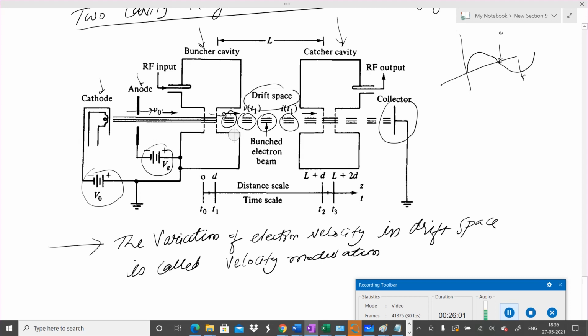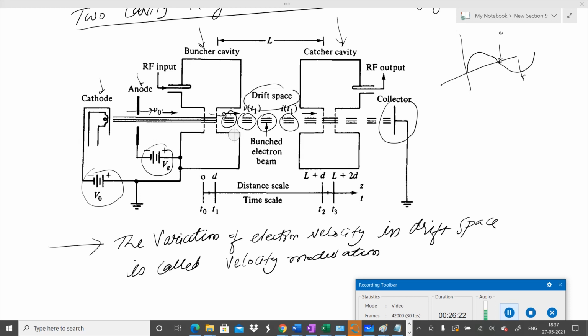Definitely we will do a two-stage process: one is the velocity modulation process, and then the bunching process. Finally we will try to get a quantitative analysis of how much the gain of this amplifier is.